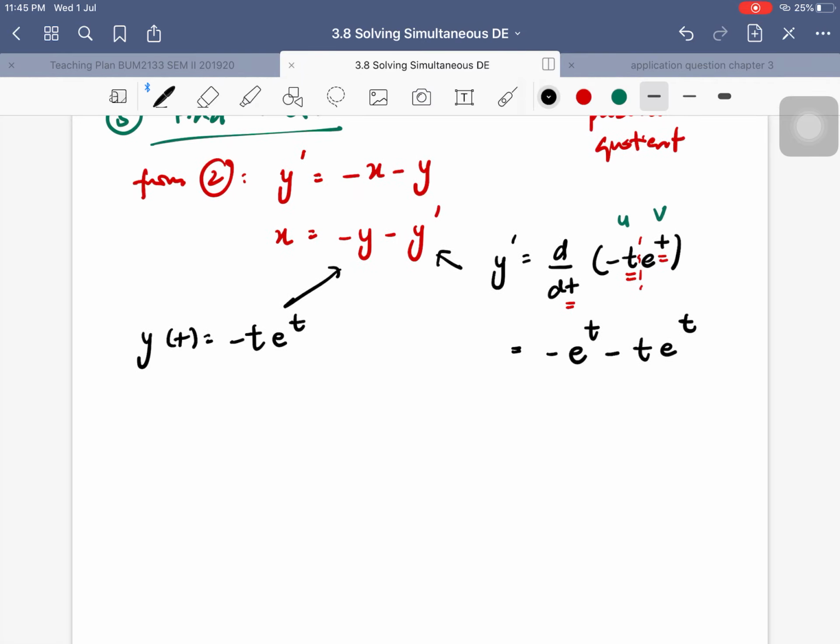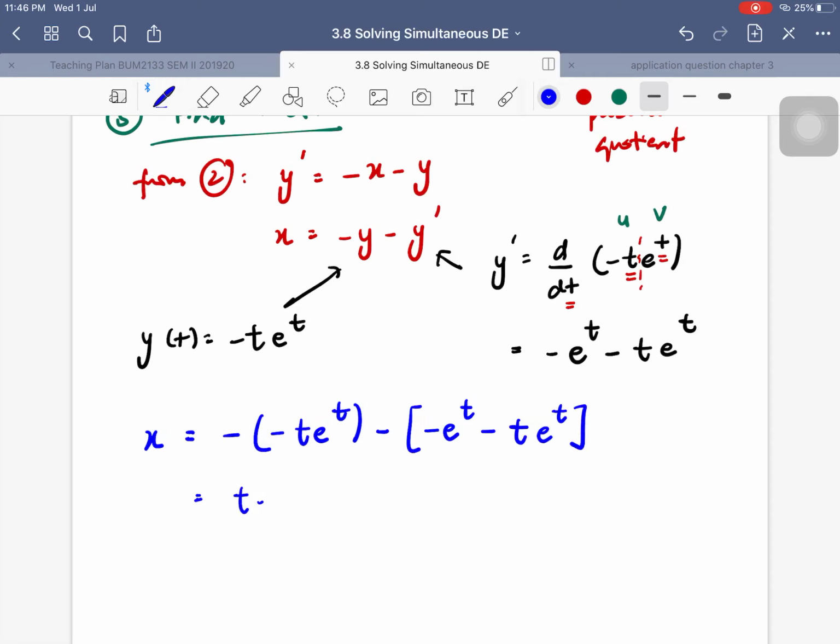Alright, so now that I already have y prime, I'm going to substitute back into the equation. So x, according to the equation, is going to equal negative y, that is negative of negative t exponential of t, minus y prime, which is given by negative exponential of t minus t exponential of t. And let's expand this.